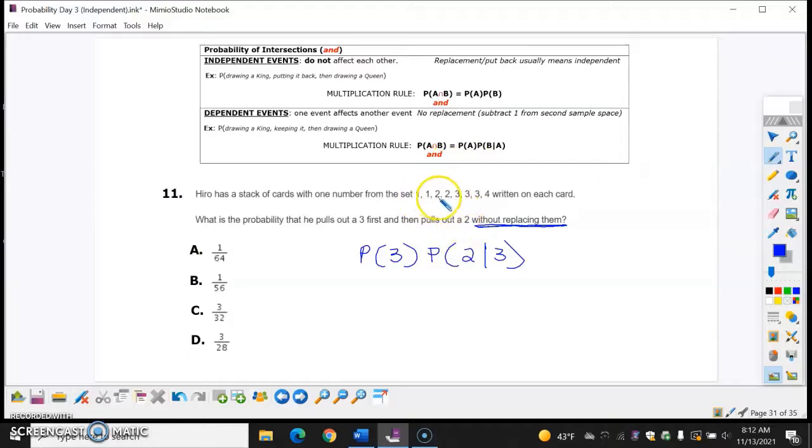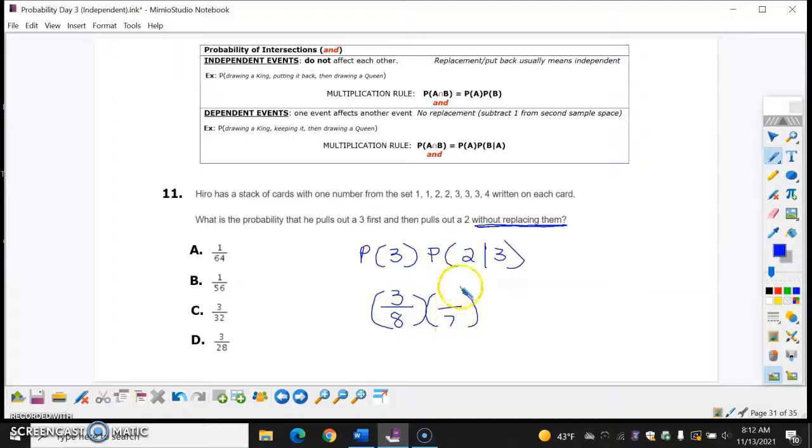There are 8 total numbers written here. The probability of getting a 3, if you choose from those 8 numbers, is 1, 2, 3. There are 3 3s out of the 8. We're going to hold on to that 3, and then we have 1 less to choose from the next time around.